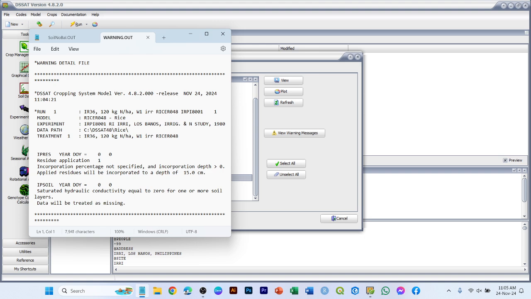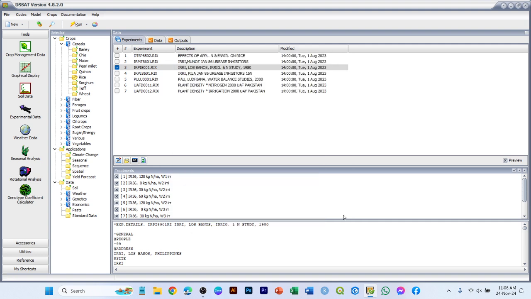You can run the simulation for different cereals, all types of crops. I don't know, some type of crop might not have been included over here. If so, then chances are your experiment can be included in the DSAT model.